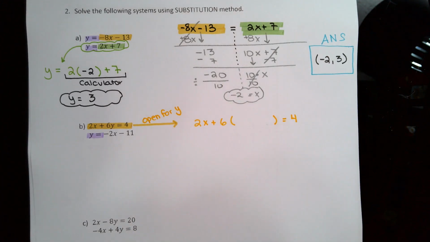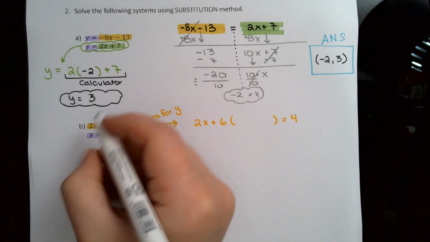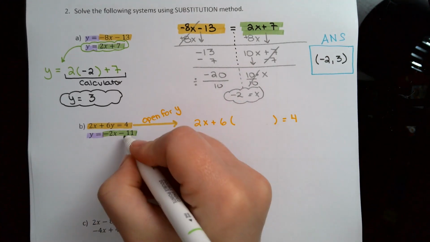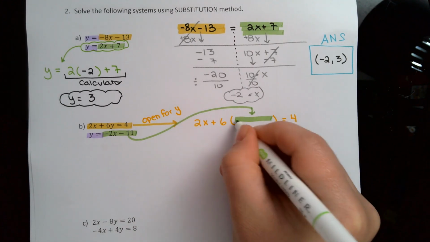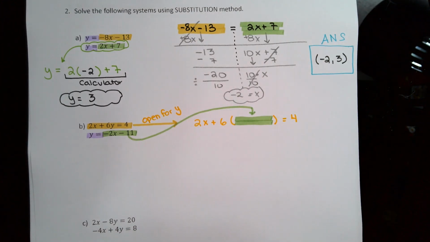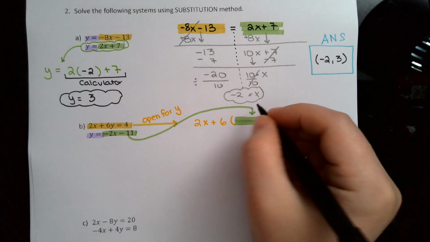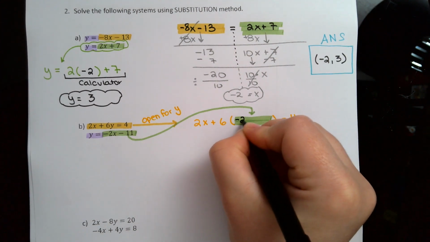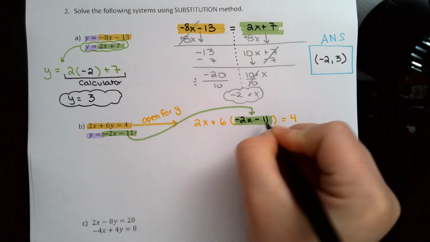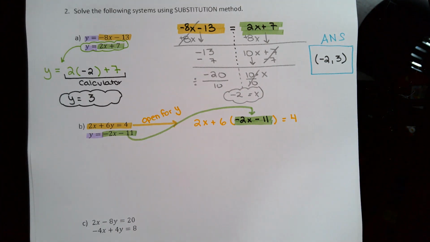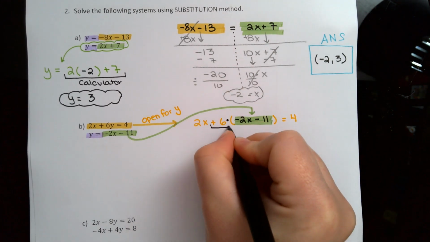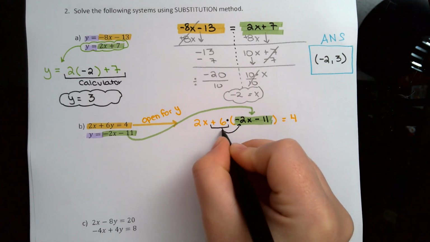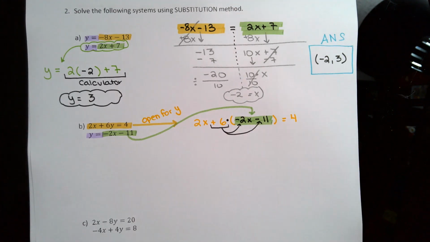And the reason we want to do a big open is I'm going to pick up this negative 2x minus 11, and I'm going to put that into my open spot for y. Negative 2x minus 11. What makes this kind of like a level 2 question is this is 6 positive times negative 2x minus 11.